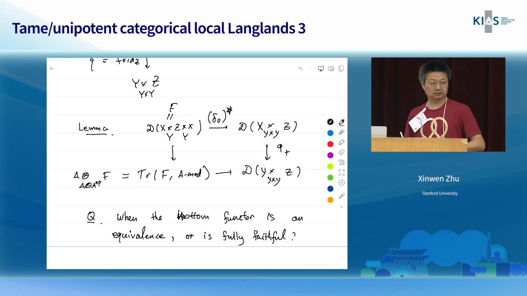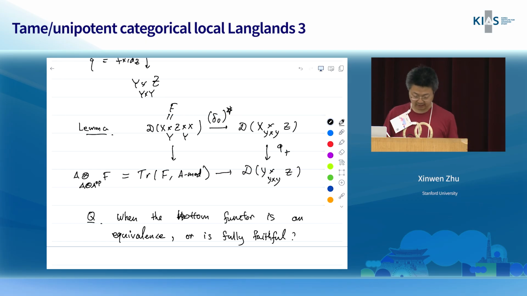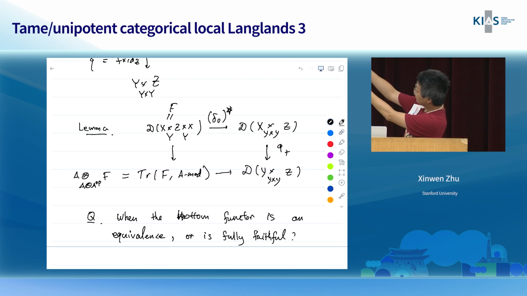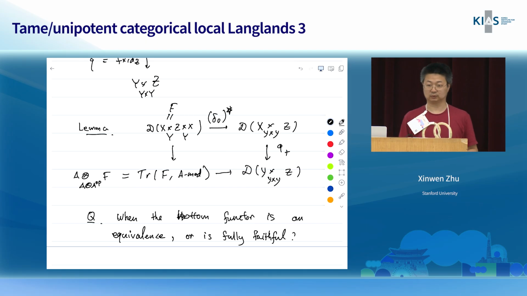To ask when the bottom functor is an equivalence, I don't have any general criterion, but I'm going to tell you a general criterion to say the bottom functor is fully faithful. In other words, we can realize the trace category as a full subcategory of something geometric. Okay?